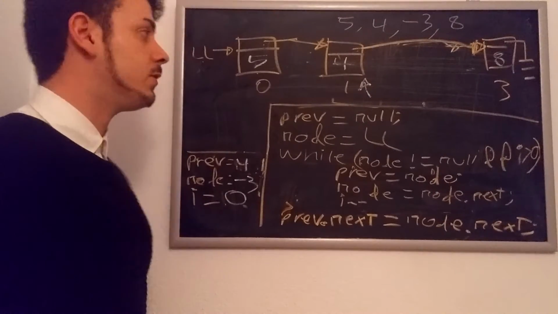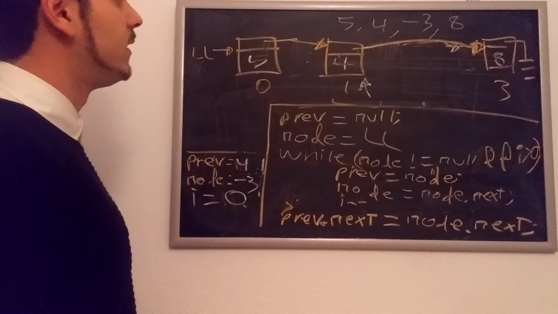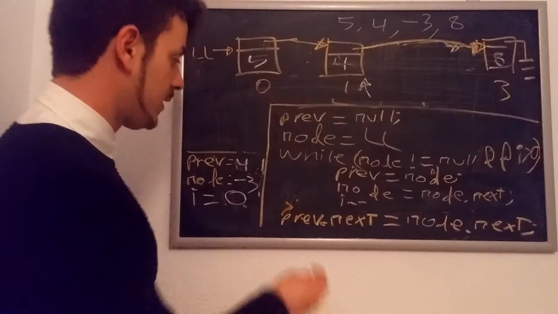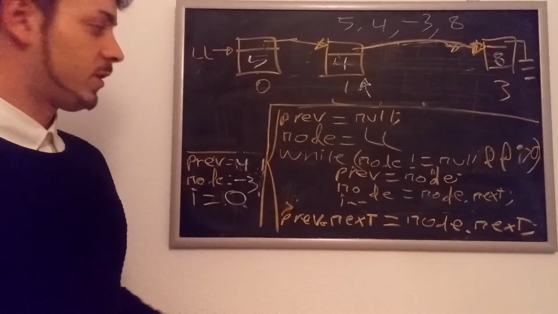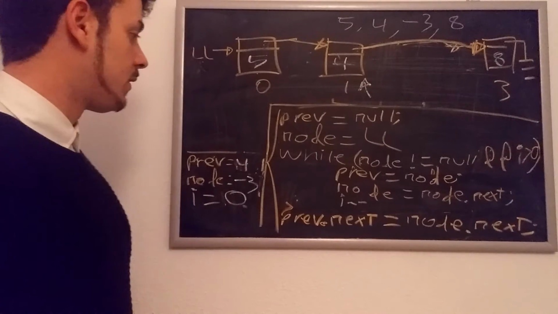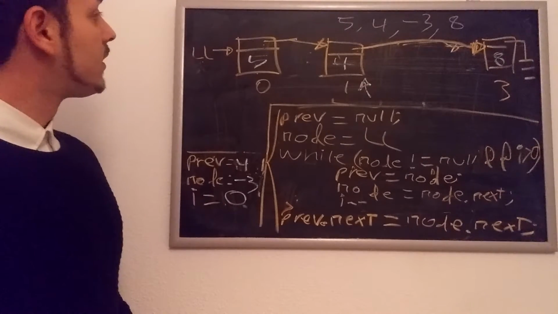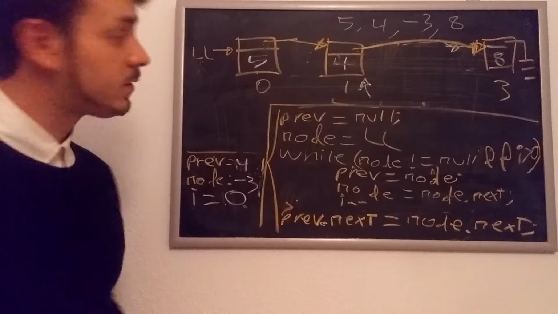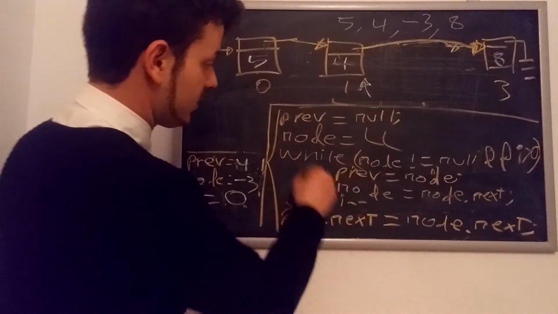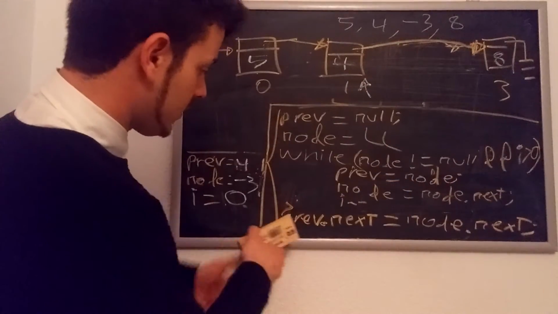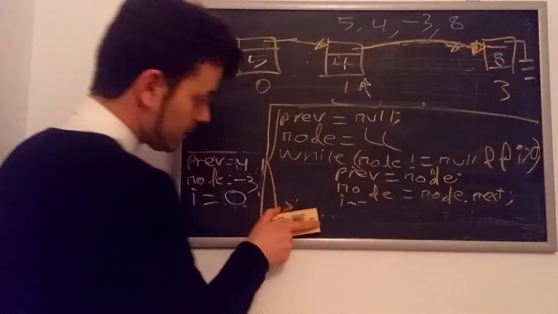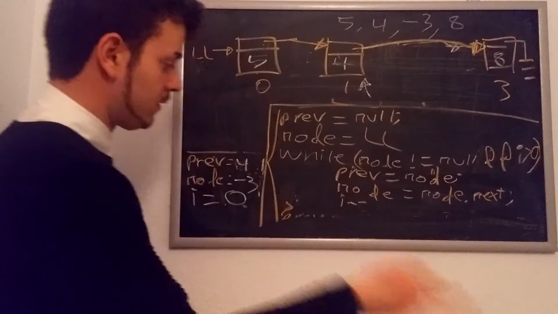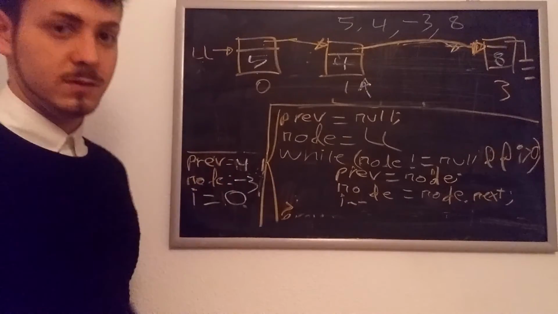So that's how you insert and delete from a linked list. This is more or less the structure for pretty much any operation that involves linked lists. Doing a lookup, searching in a linked list, is the same as this, but instead of doing whatever operation you do here, you just return the data inside the current node.